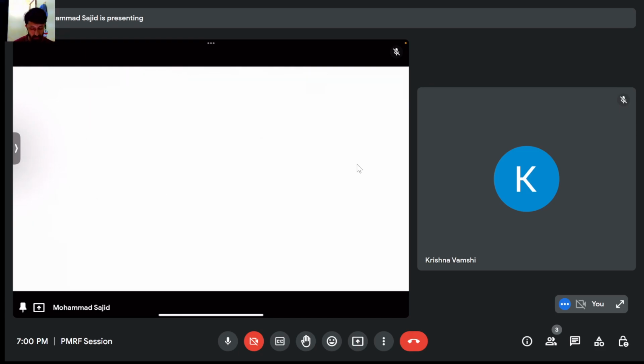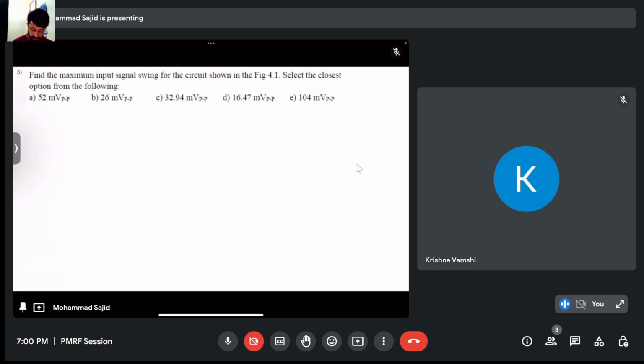Okay. What next? The question says find the maximum input signal swing for the circuit. Okay, now in the previous question what we were supposed to do was find the maximum output signal swing. Now we have to find the maximum input signal swing.